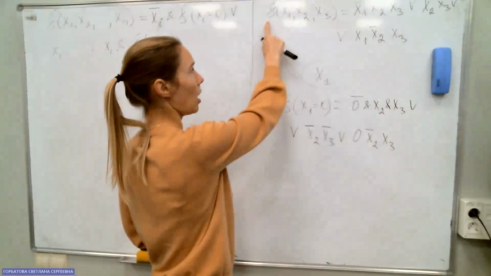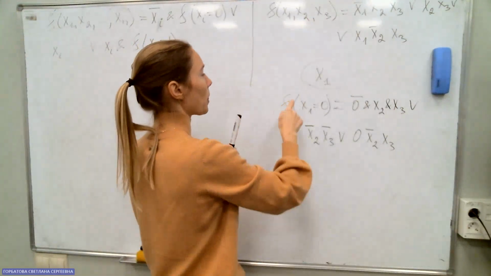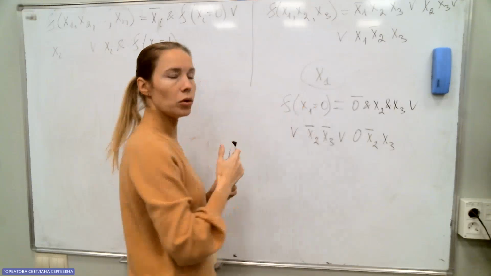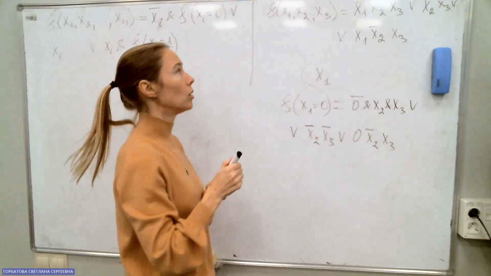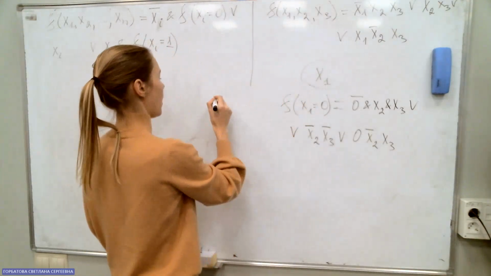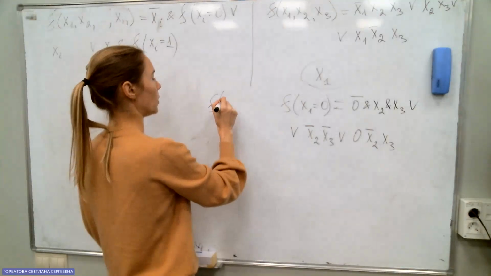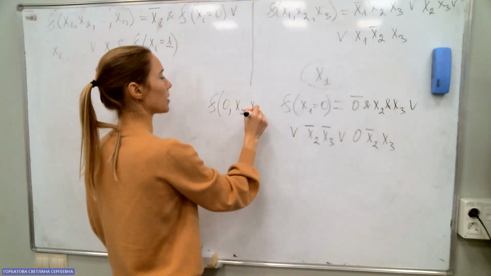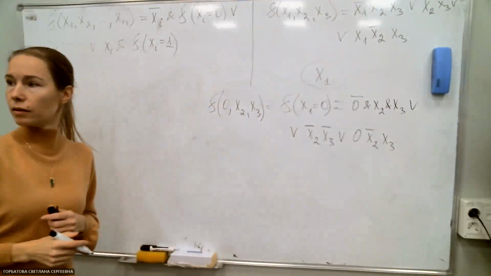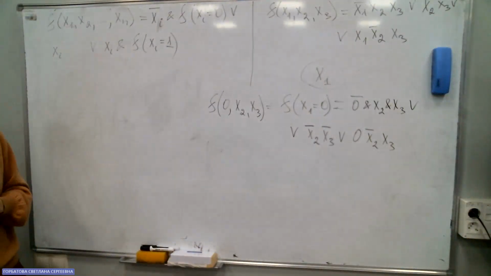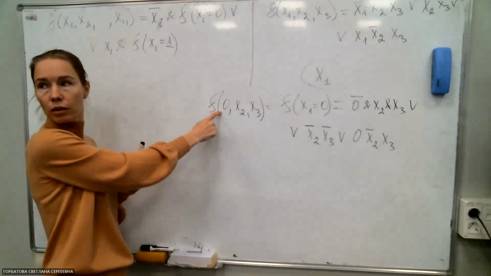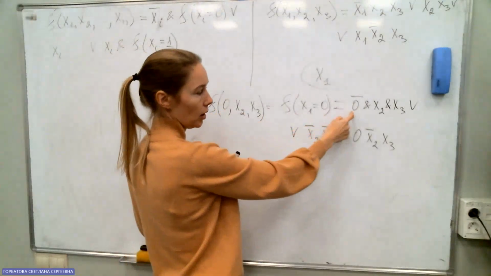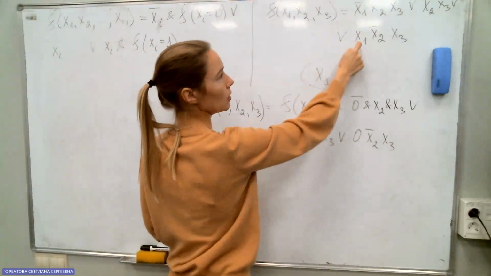Our f, where x1 equals to 0. So this is f of 0, comma x2, comma x3. Instead of x1, 0 here and here.